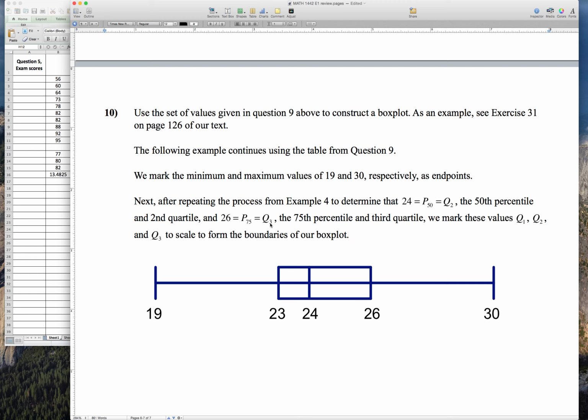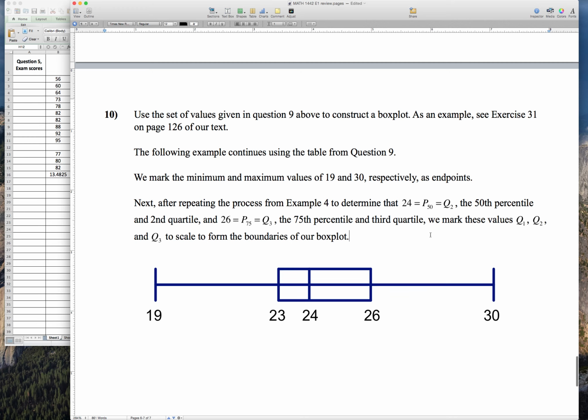And the Q3, the third quartile, is the 75th percentile, and that is the value at or below which 75% of the data values lie. So this cuts the data set into quarters in terms of the proportion of values contained below each.